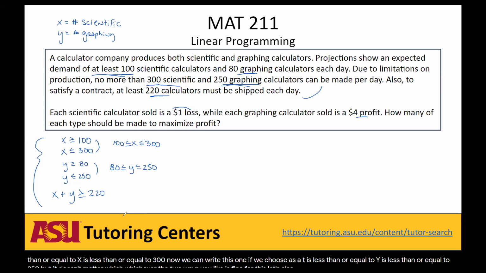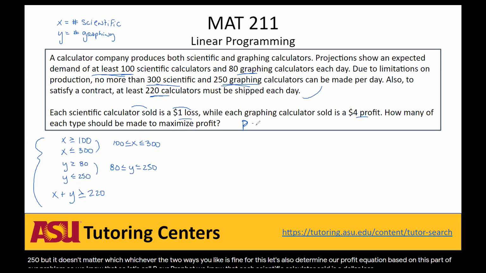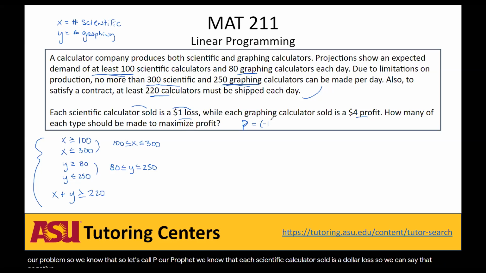Let's also determine our profit equation based on this part of our problem. Let's call P our profit. Each scientific calculator sold is a $1 loss, so we can say -1 times X, the number of scientific calculators.